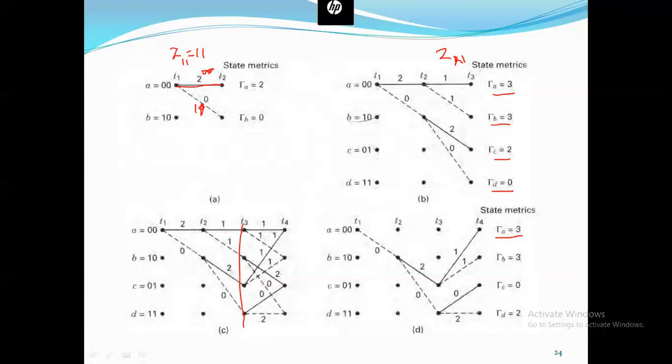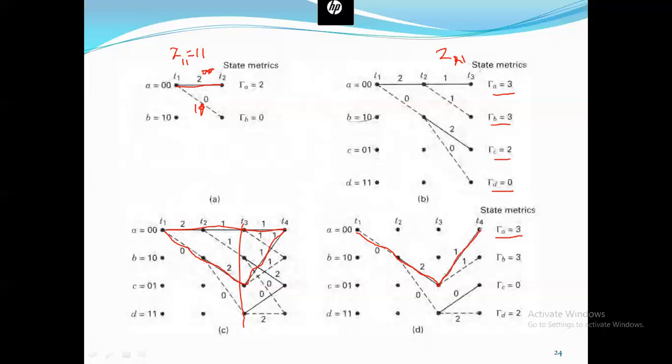For example, this path emerges at the 0 0 state, and this path also emerges at the 0 0 state. So the distance is 4 and the distance is 3. We will choose this path to survive, and we will keep the memory of this path.